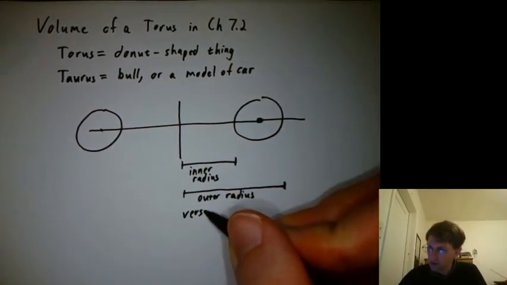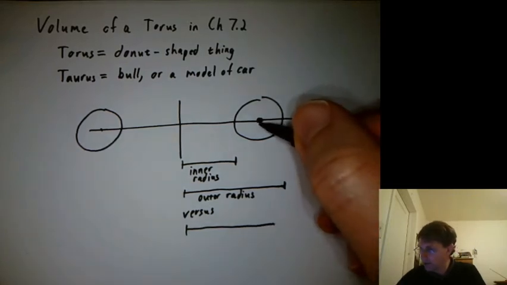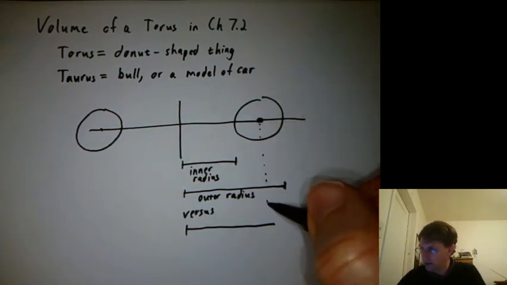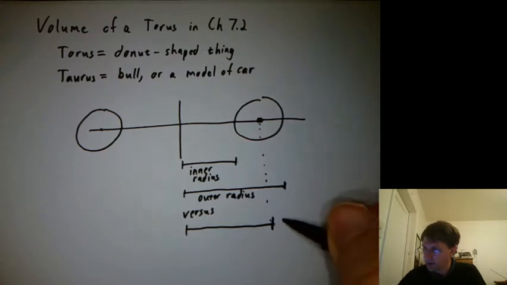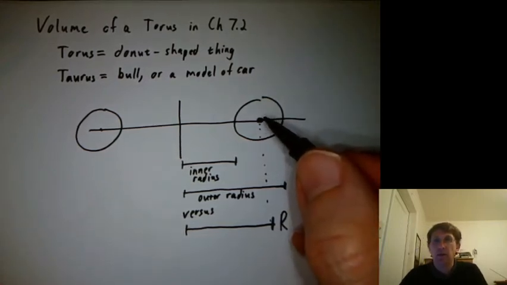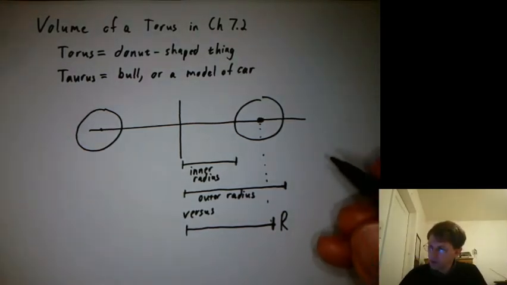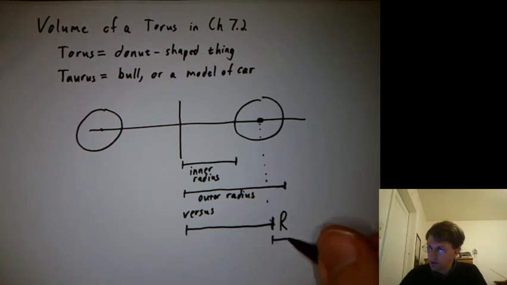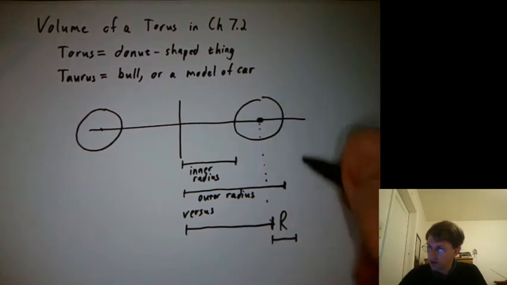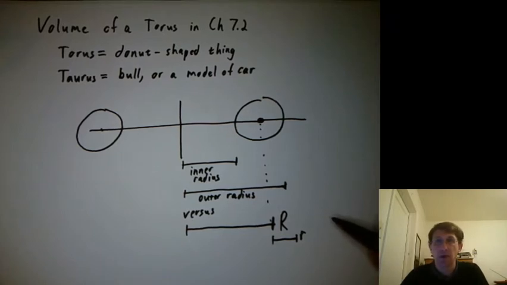So you could say I have a radius to the center here, and I'll call that capital R, and then I have something that tells me how big this cross-section is. Is it like that? Is it like that? So I could say from there on to the edge is maybe little r.